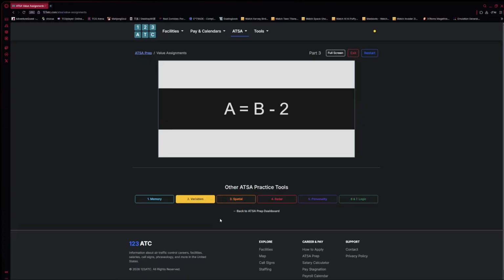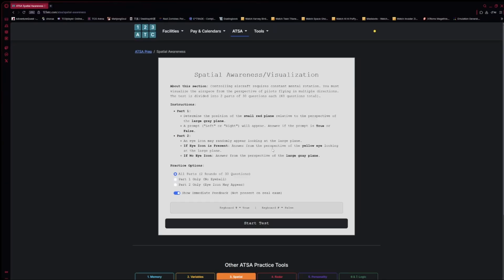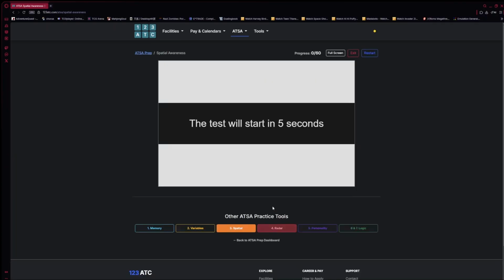B equals 4 divided by C, C equals A divided by A. Alright, so C is 1, A is 4, and B is 4. So that's variables.